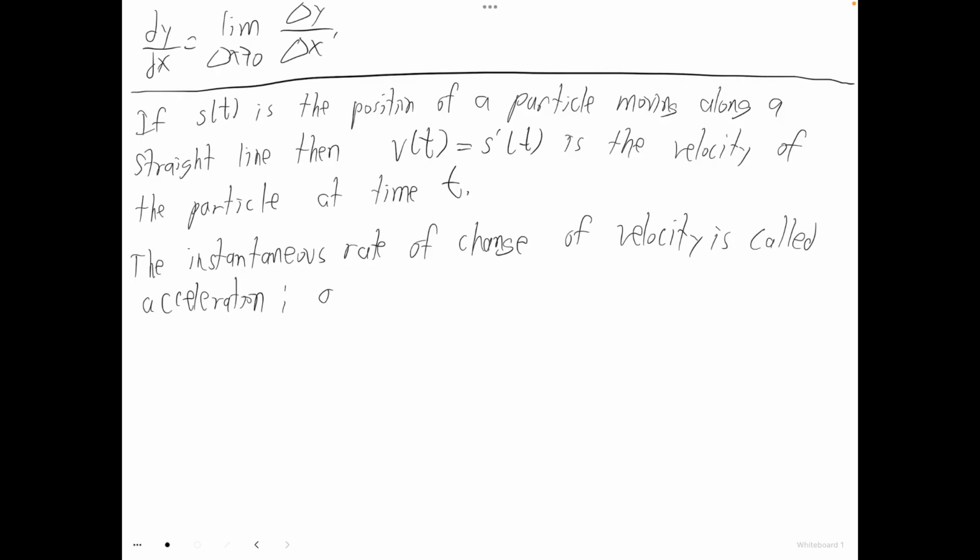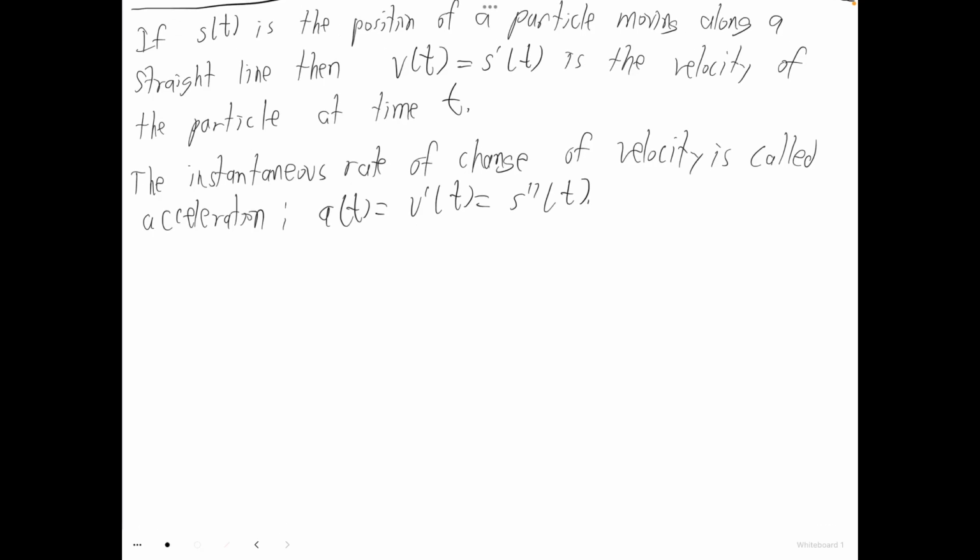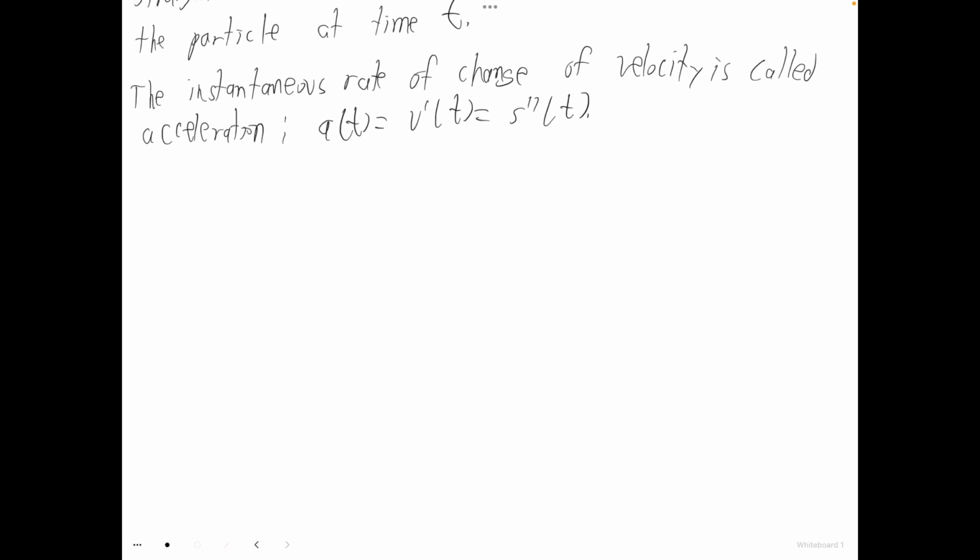And it is denoted by a of t, which is just v prime of t, or the second derivative of the position function. So this is one example of where derivatives can be used. We're going to look at a concrete example and answer a bunch of questions about the situation.